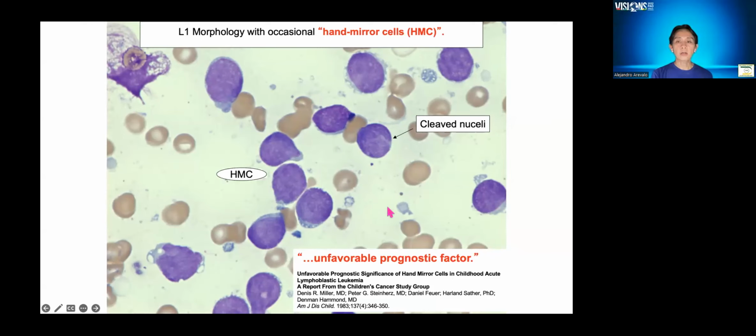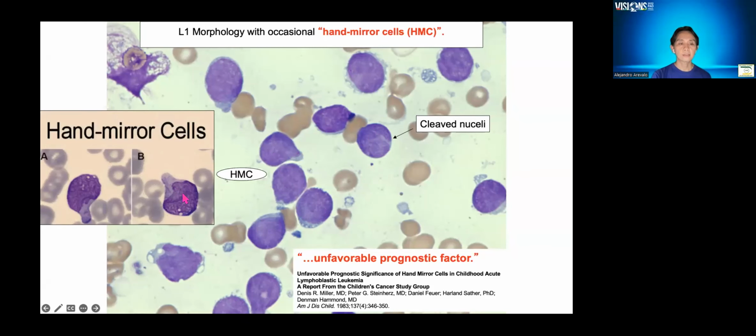Now, in the L1 subtype of ALL, usually the population is homogeneous, with very small to medium-sized blasts, prominent convolution of the nucleus, and some of the cells would appear to be hand mirror-like cells, okay, like this one.